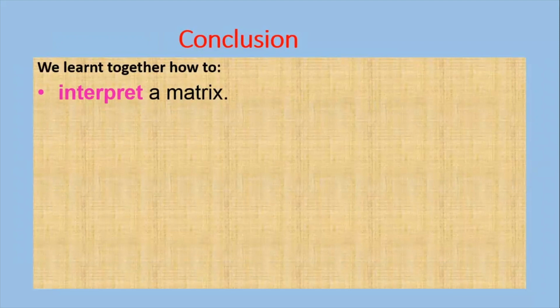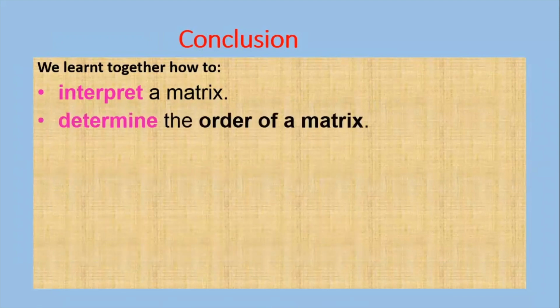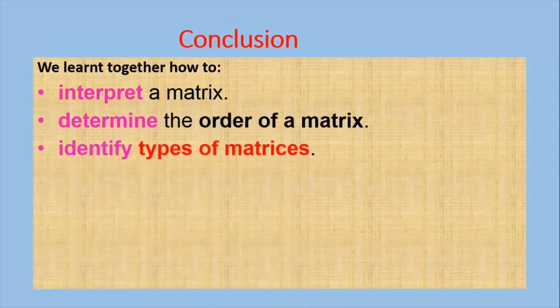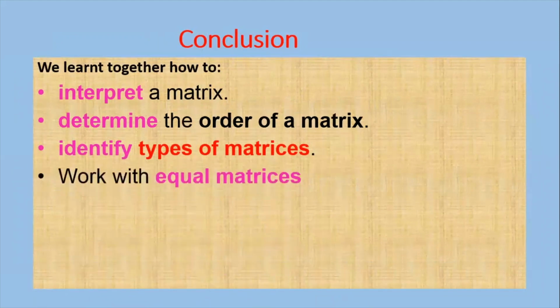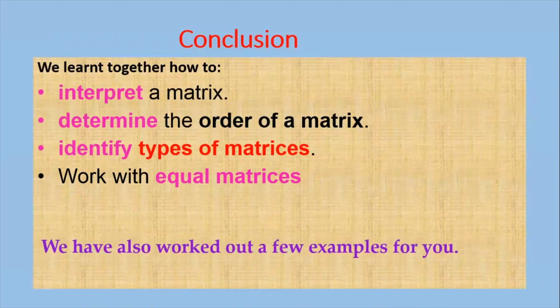We have seen together what we mean by the order of a matrix and how to identify the different types of matrices. We have also seen together how to work with equal matrices. We have worked a few examples for you. Now, this is the first part, right?